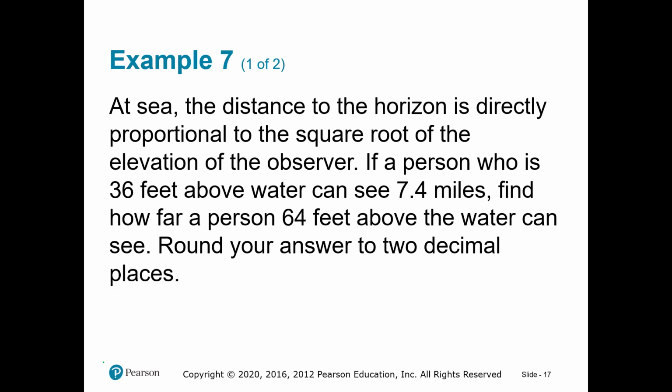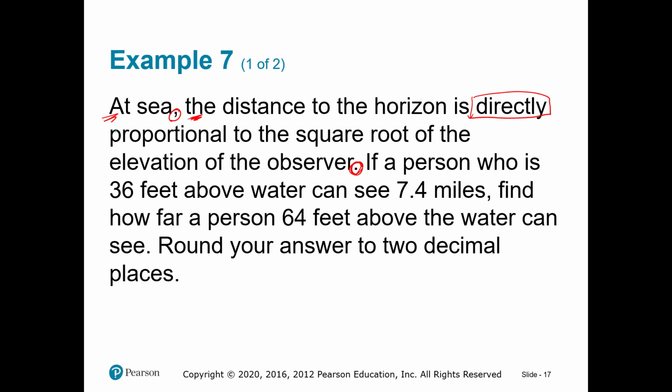Let's go back, see what it's telling us. Start at the beginning. Go to the first punctuation, at sea. Tell me anything? No, not really. Okay, so we're going to pick it up at the next word after the comma and go to the next punctuation, which looks like that period. So the distance to the horizon is directly proportional.